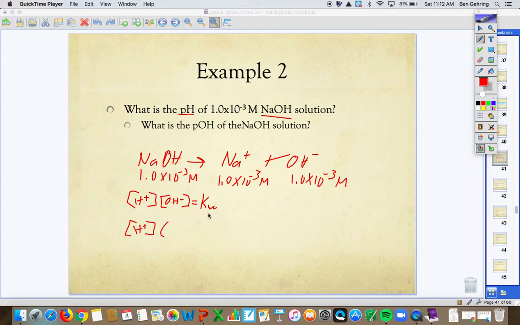So I know that my hydrogen times 1.0 times 10 to the minus 3rd has to equal 1.0 times 10 to the minus 14th. So I can divide across by this 1.0 times 10 to the minus third.